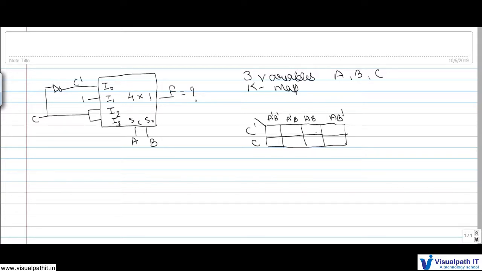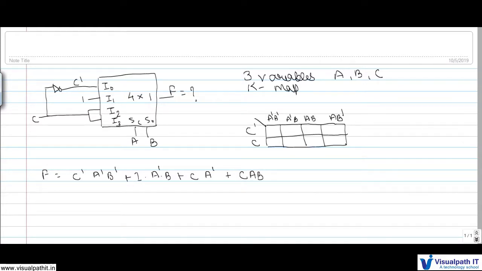Now, as you can see, the function for this will be like C dash A dash B dash into 1, AB plus C into 1 into 0 0 0 1, 1 into C AB and C into AB.